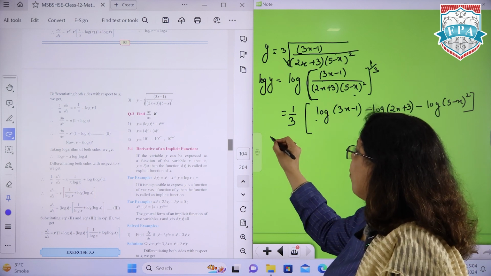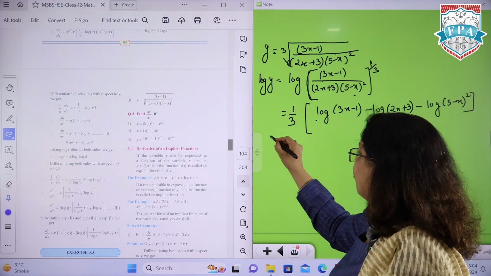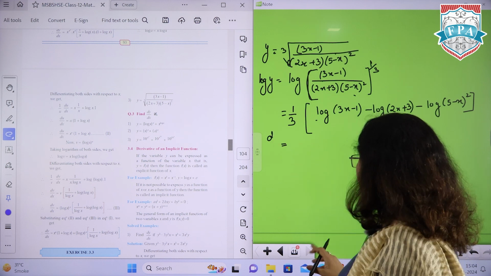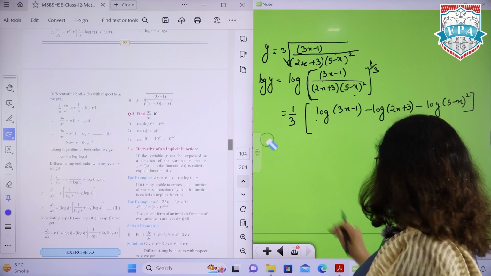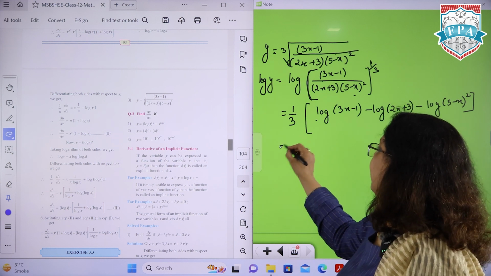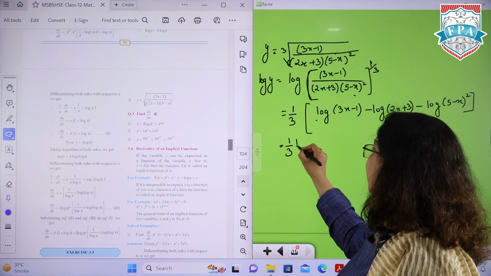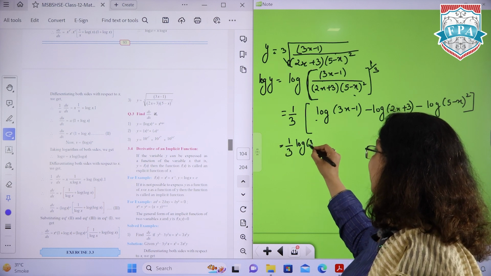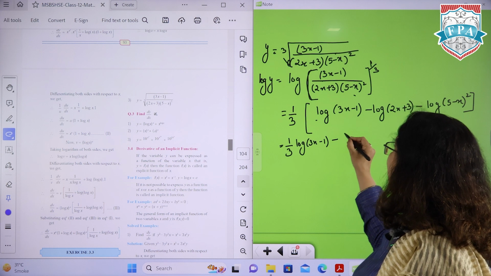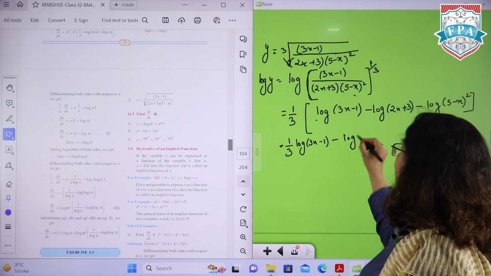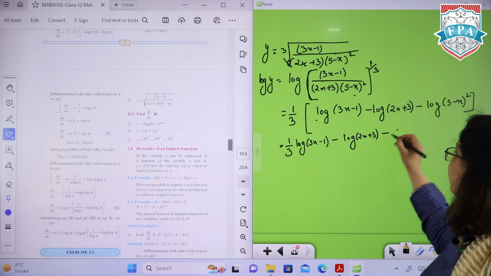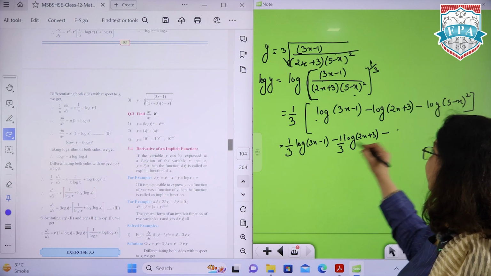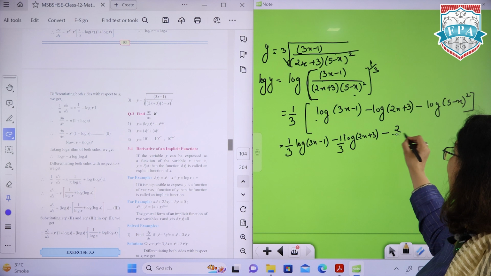So when we differentiate with respect to x, one more step we can do here before we move to the differentiation part, that is, simplify this a little more. So it's like 1 by 3 log (3x minus 1) minus log (2x plus 3) minus, here also 1 by 3 comes, 2 by 3.